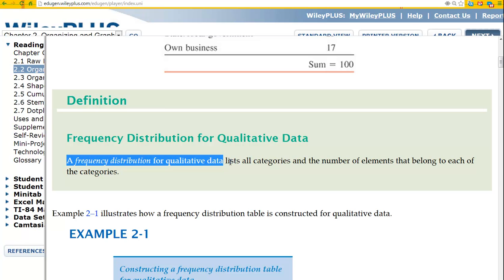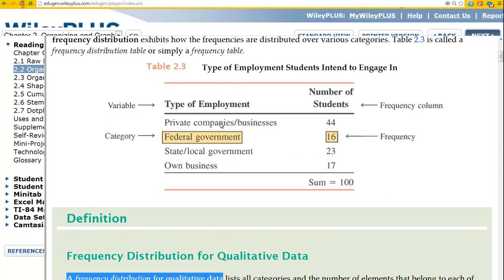So this is qualitative. If I asked you age, it wouldn't quite work this way. I'll explain what I mean by that later, but for qualitative variables, we can list the different categories and then just count how many of our data points, how many of our objects, were in each category.